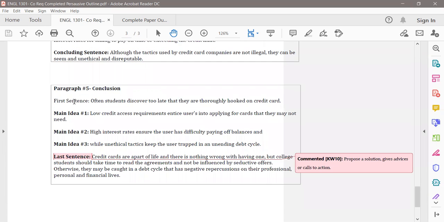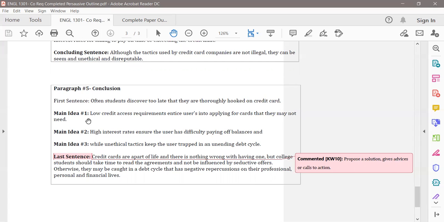So my conclusion here, my very first sentence starts out by letting the reader know that this can affect students and can affect people for life. So I state that they discover too late that they're hooked on credit cards. After they get into debt, then they think, wow, I shouldn't have gotten that credit card.